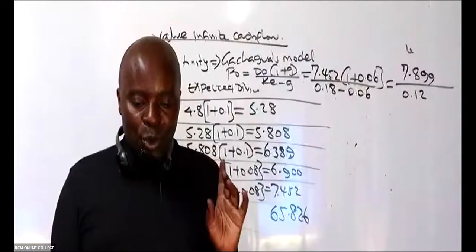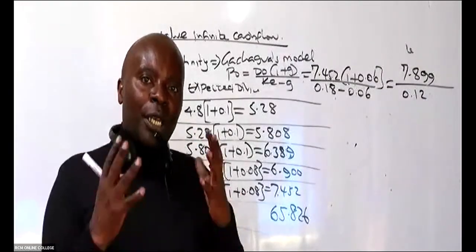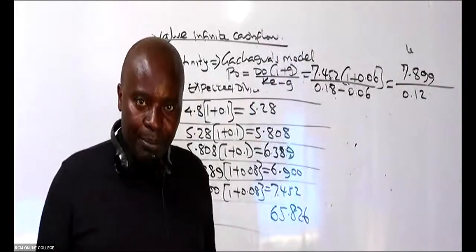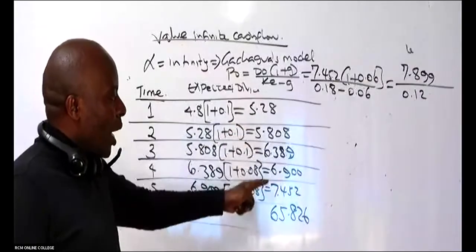So the moment you have this, now you shall be able to discount these future cash flows. And you can see that there are irregular cash flows.